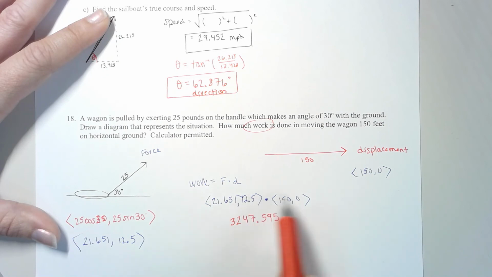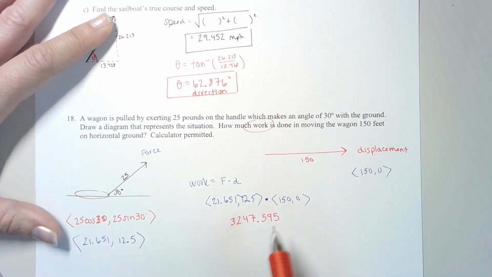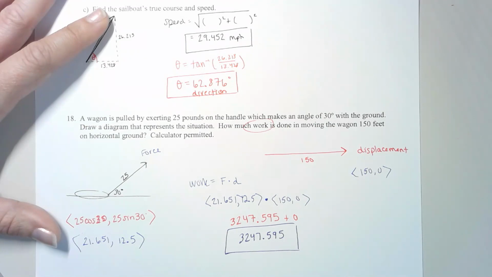And then when I multiply the 12 by 0, I get 0, so we're adding 0. And so we get 3,247.595 foot-pounds, right? We talk about units for work would be foot-pounds.